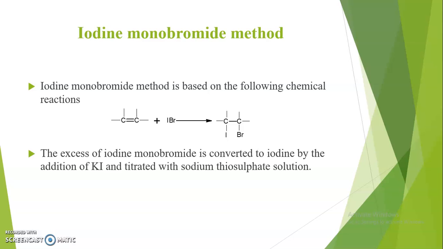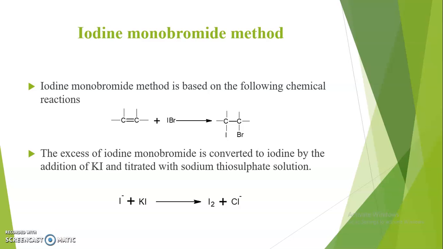After this, whatever amount of iodine is liberated, as we know iodine acts as an oxidizing agent, that liberated iodine in acidic condition is reacted with sodium thiosulfate, and here sodium thiosulfate acts as the reducing agent.